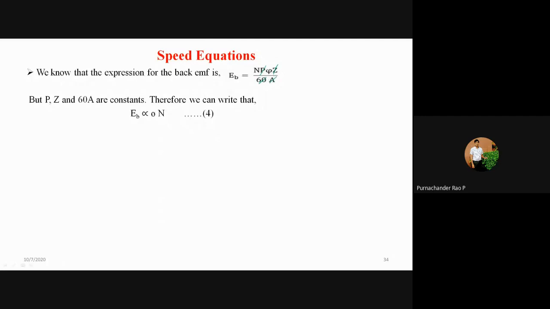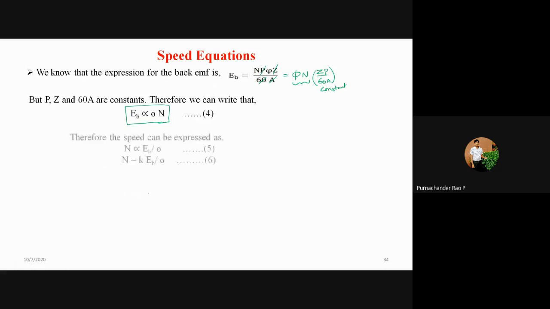The only variable parameters are the flux and the speed, and the remaining term, ZP divided by 60A, is a constant. Therefore the back EMF developed in a machine is proportional to the flux and speed.